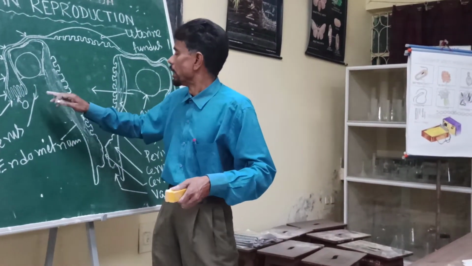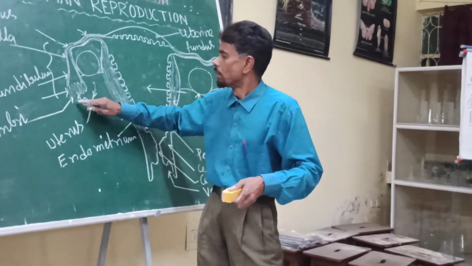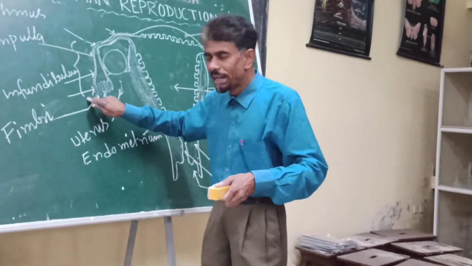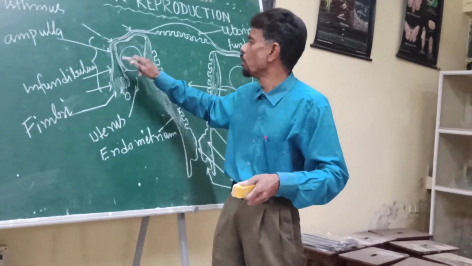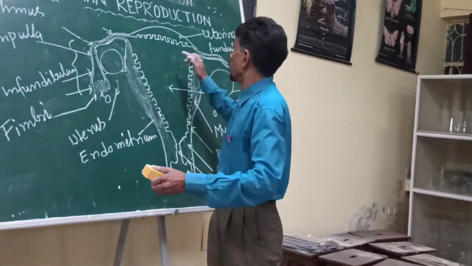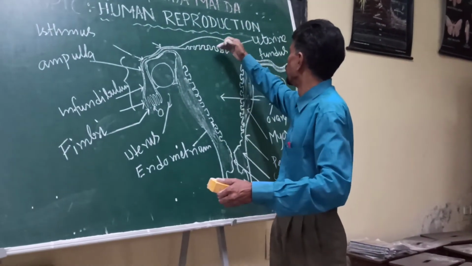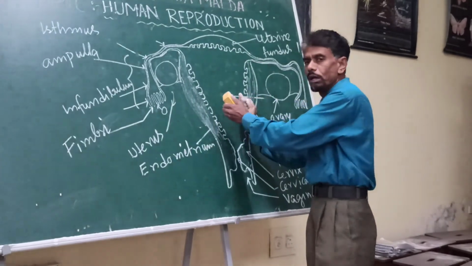Now, the accessory ducts are the oviduct, otherwise called the fallopian tube. The oviducts from both sides commonly join to form a common oviduct, which enters the uterus.